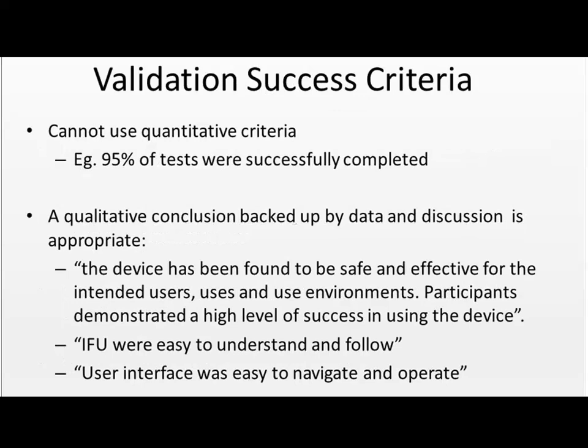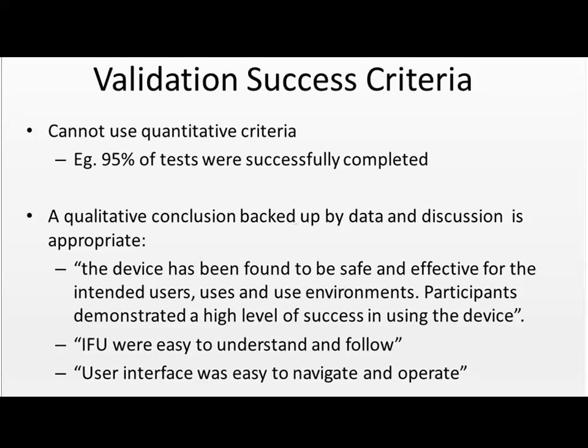Let's talk about success. As I mentioned before, you can't use quantitative criteria. You can't say something like 95% of tests were successfully completed. So that's kind of arbitrary. What does that mean? The success of validation is a qualitative conclusion backed up by data and discussion.